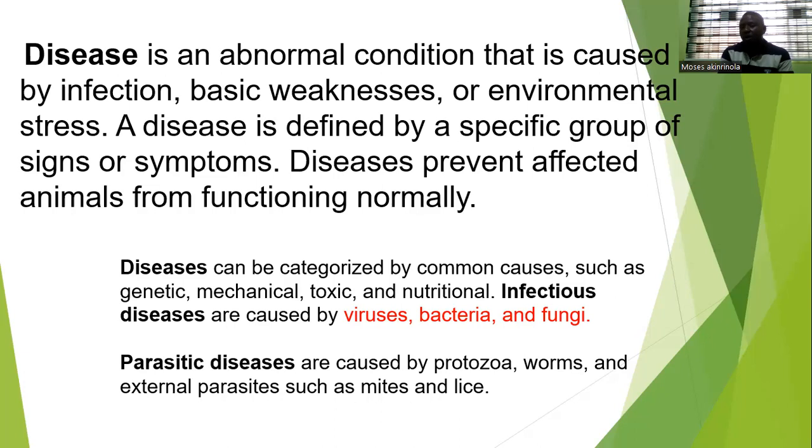It can also occur due to environmental stress. There are a lot of things that cause diseases on a poultry farm. We have virus infection, bacteria, fungi, and parasitic infection. We'll be looking at all those things in summary form.